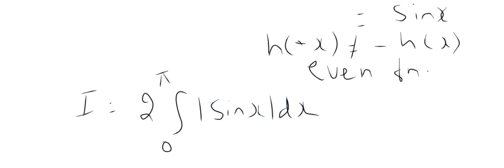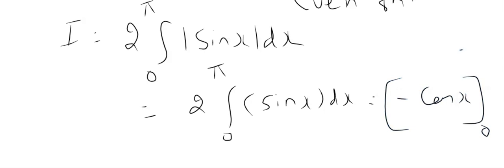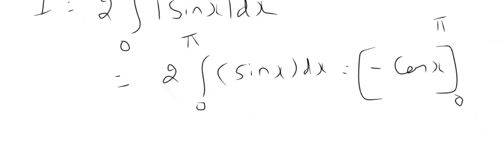Clearly from 0 to pi, sin takes only the positive value. So we can simply write it as 2 times integration of 0 to pi sin x dx, which is nothing but minus of cos x between the limits 0 to pi.